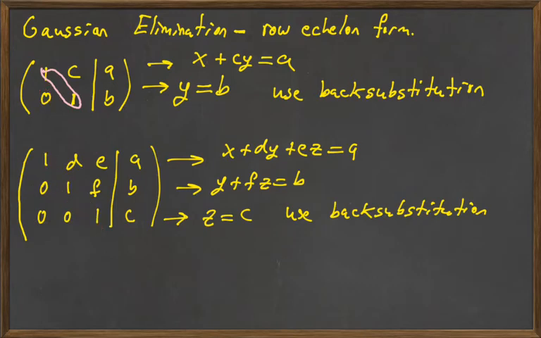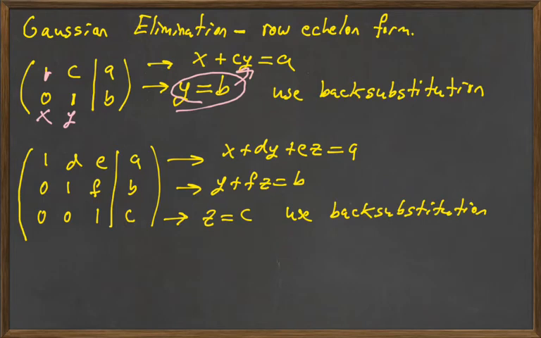And so then we can read our equations off of this. So this is your x and your y. This says 1y is equal to b, and then the top equation says 1x plus c times y is equal to a. So we know what y is equal to, so we just plug it back into the top equation and solve for x.